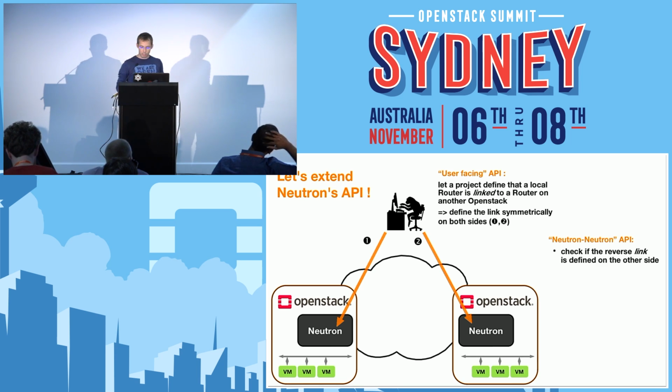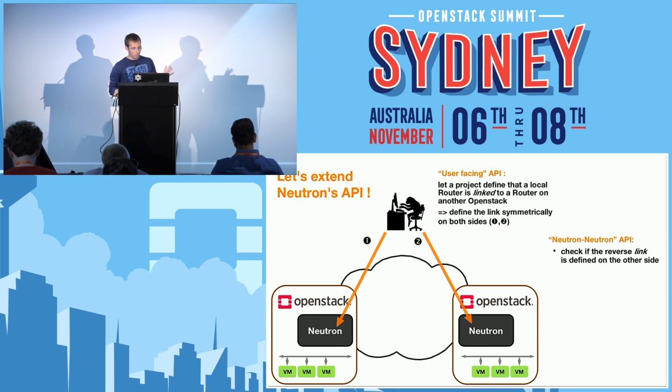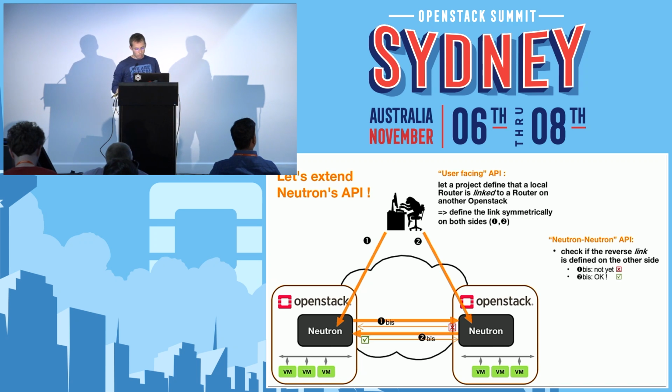In this example, after the first call, the little one bullet in the diagram, the Neutron on the left side will check and end up seeing that there is no symmetrical link on the other side. But after the second call, symmetry exists, and the work can keep on.